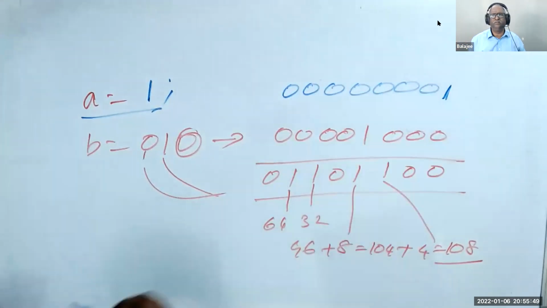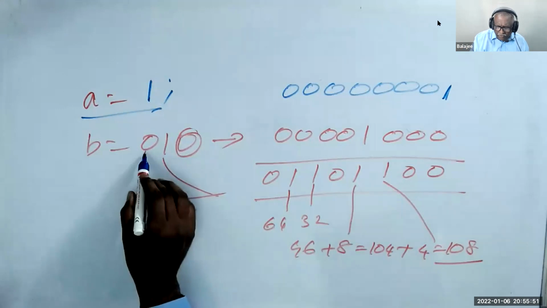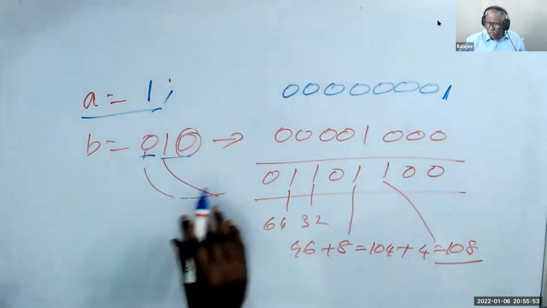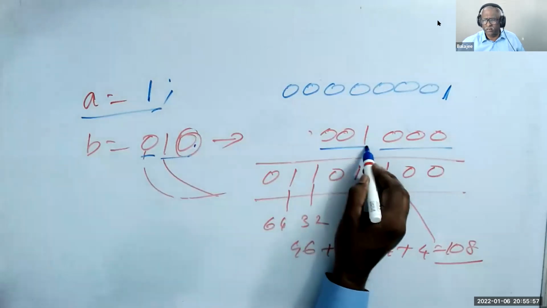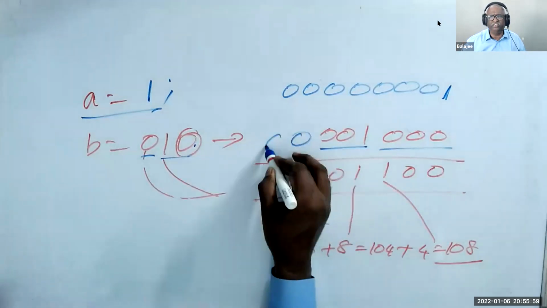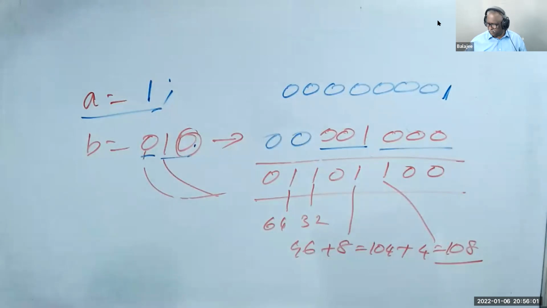Am I right? Good question. The same thing, when I put 0, 1, 0, I put here 0 for 0, and 1, 0 here, and the remaining 2 bits I fill with zeros. That's the way it works.